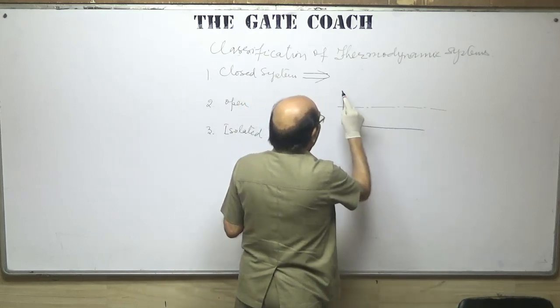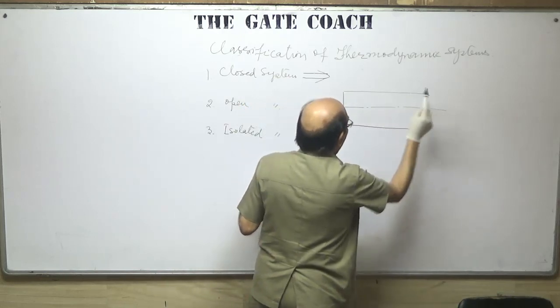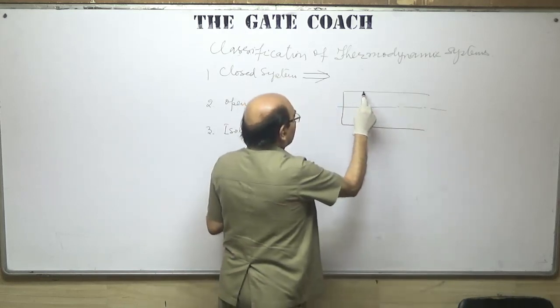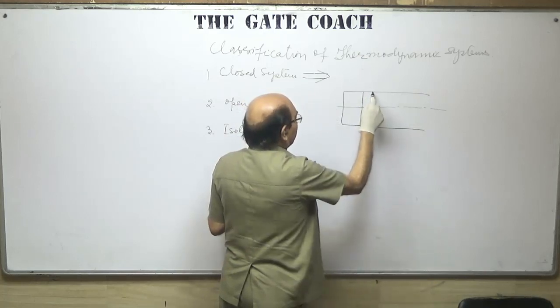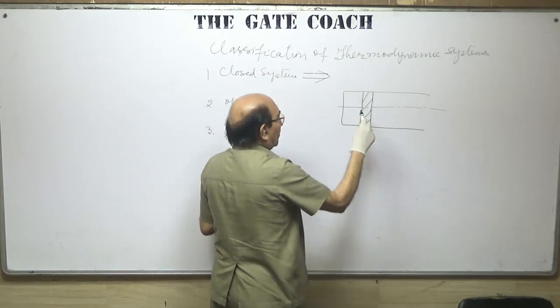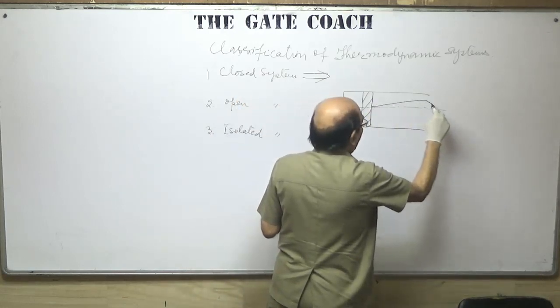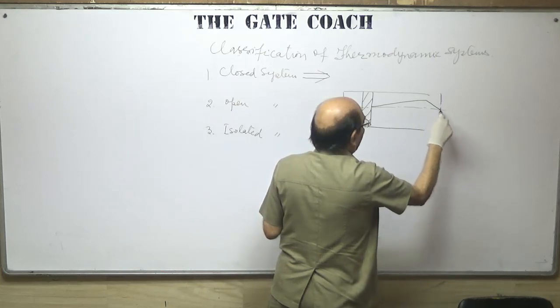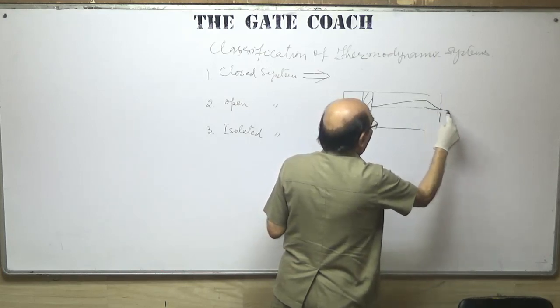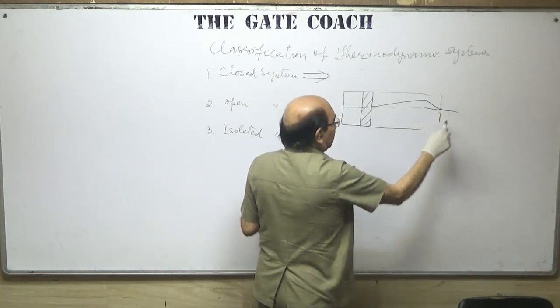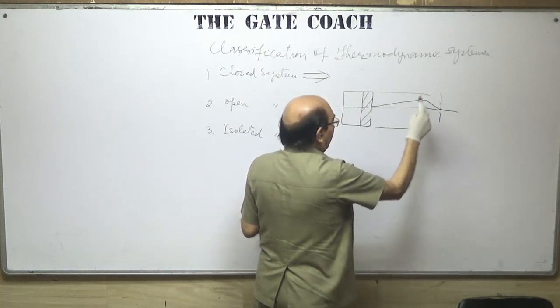a cylinder and piston arrangement. This is the position of the piston. Connecting rod, crankshaft. Crankshaft shall have the rotary movement.